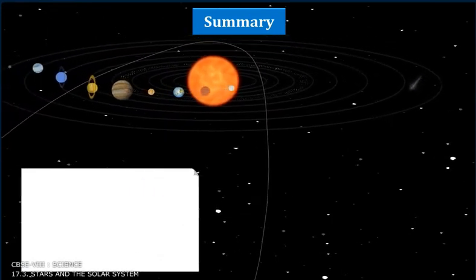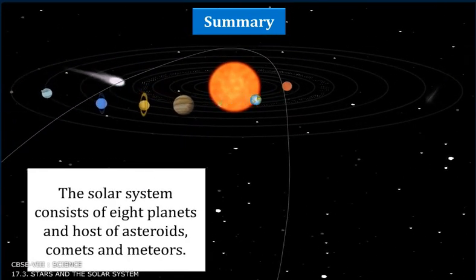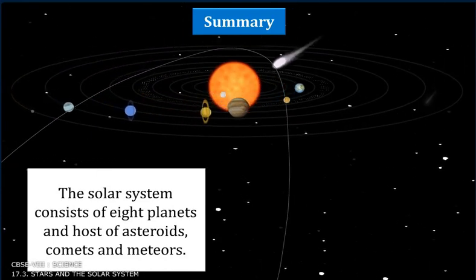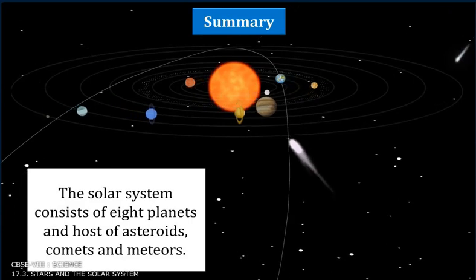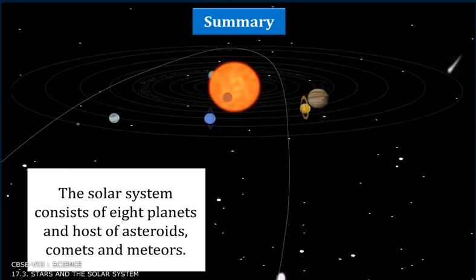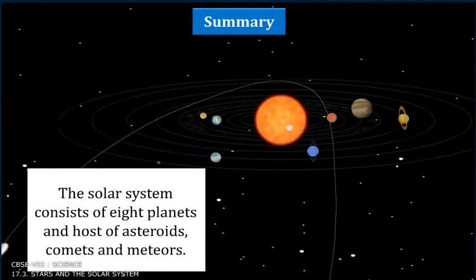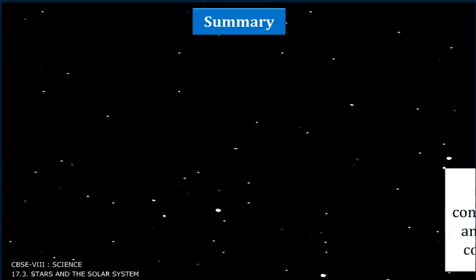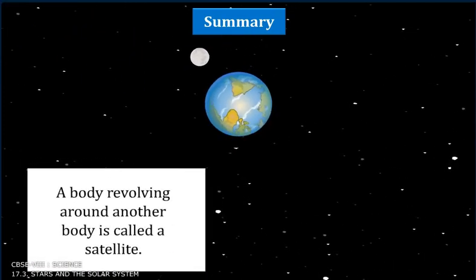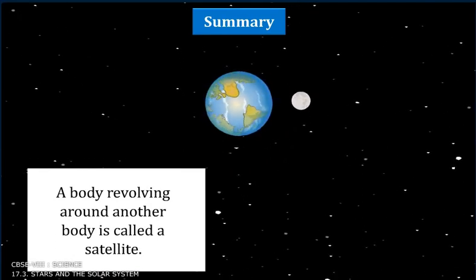Summary: the solar system consists of 8 planets and a host of asteroids, comets and meteors. A body revolving around another body is called a satellite.